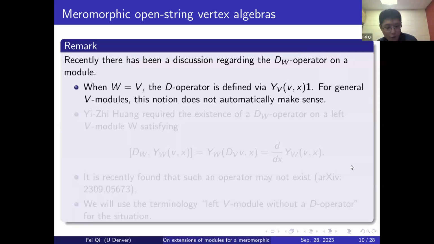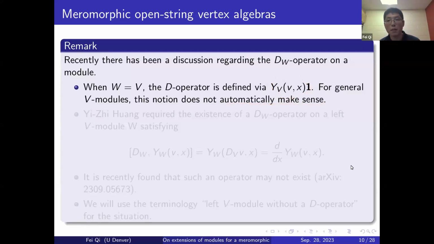First of all, when we are talking about the trivial module, namely W equals V, in this case the D operator is defined using the recursion property, basically speaking. But the problem is, if you want to use the philosophy that all the defining properties for an algebra should hold, then that definition does not automatically make sense in the context of a module.